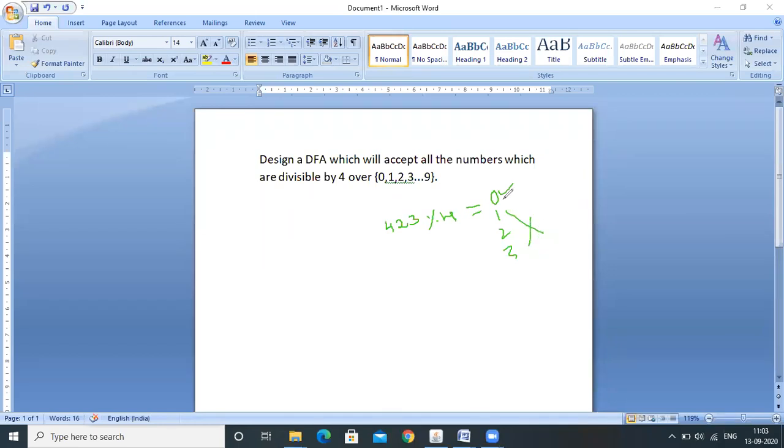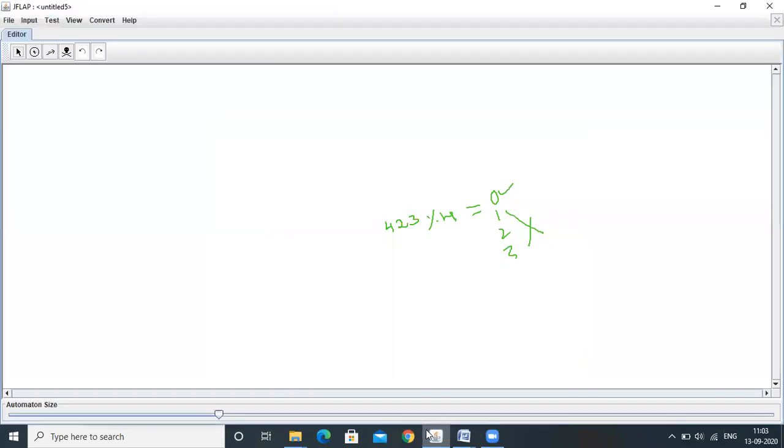So there are 4 states: one state for remainder 0, one for remainder 1, one for remainder 2, and one for remainder 3. Let's try to design the DFA.